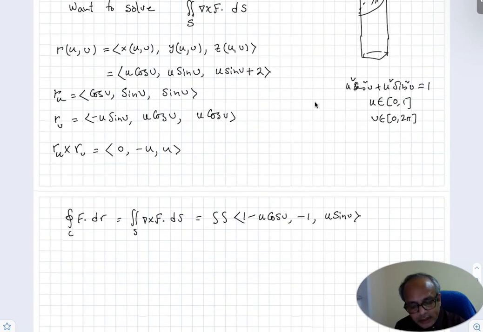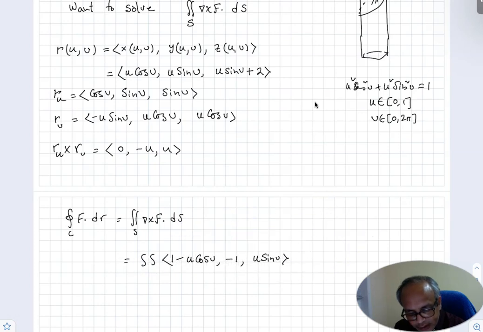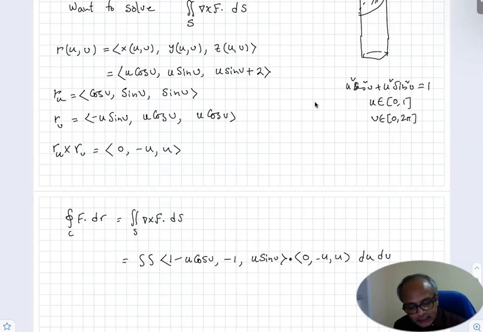Okay, so the dot product of r_u cross r_v, where r_u cross r_v is 0, comma, negative u, negative u, and then you write down dA, or du dv. Now also put the limits: the inner integral for u from 0 to 1, the outer integral for v from 0 to 2 pi.